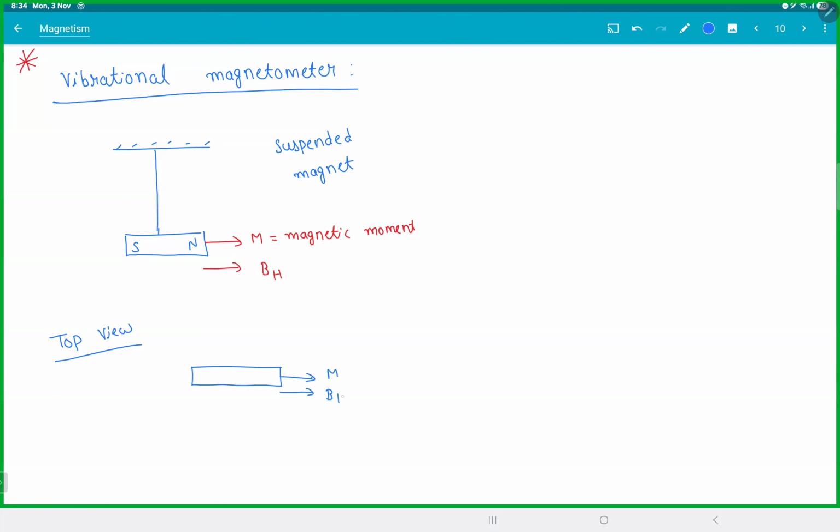Now if you displace this by theta, then your magnet becomes like this. This is your magnetic moment. This is your horizontal component BH.